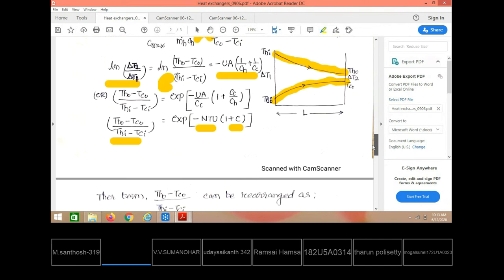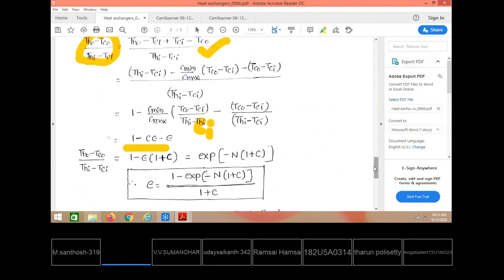So what is this relation I know? You see here, T_ho minus T_co. From here, if I separate out only the effectiveness from this relation, I get the effectiveness for a parallel flow heat exchanger: 1 minus exponential of minus N(1 plus C), divided by (1 plus C). Here N means NTU, that is UA by C minimum, and C is C minimum by C maximum, the heat capacity ratio.